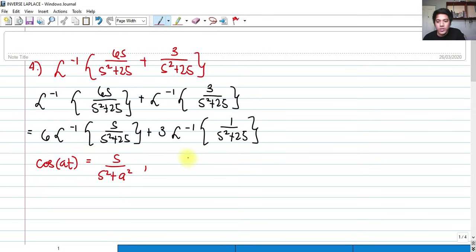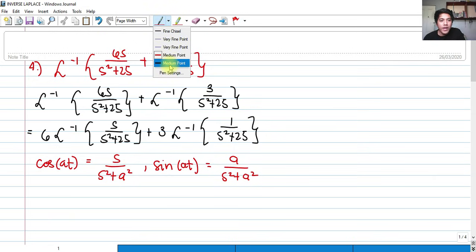And if we recall also, the Laplace transform of sine at is a over s squared plus a squared, which looks exactly like this, but we have a missing a here. So we have to get the value of a here.